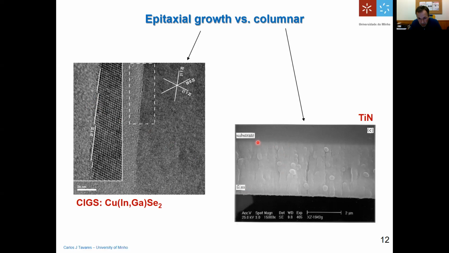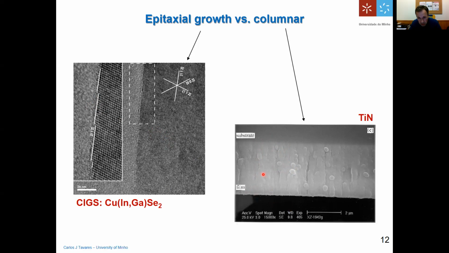Here you have some waviness between the substrate and the thin film, and the thin film does not grow with this long range order that you see here for the case of the monocrystal.